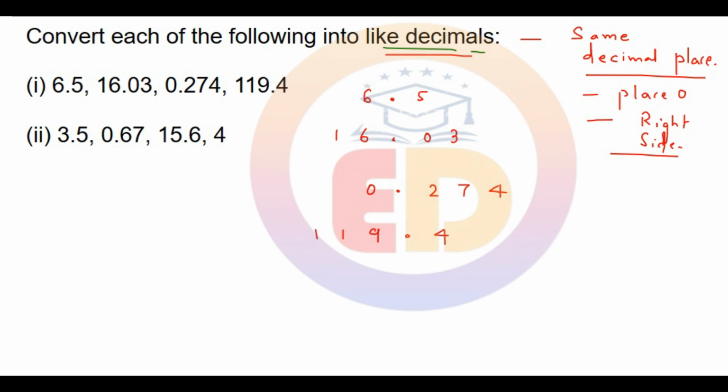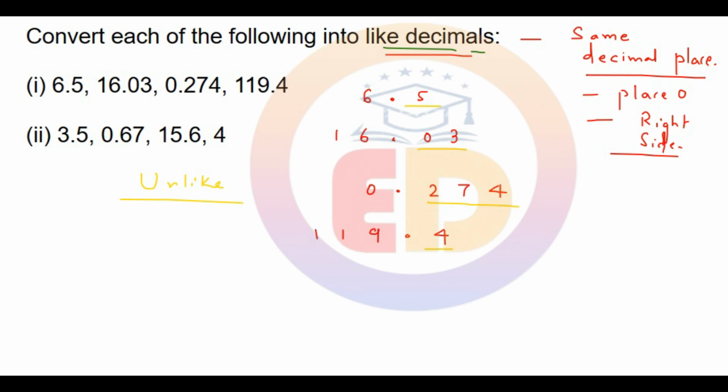Now understand that all these decimals have different decimal places. The first number has 1 decimal place, second number has 2 decimal places, third has 3 decimal places, fourth has 1 decimal place. Right now they are unlike decimals, and if you want to convert unlike decimals to like decimals, you have to make the decimal places same by placing 0 on the right side in the decimal part.